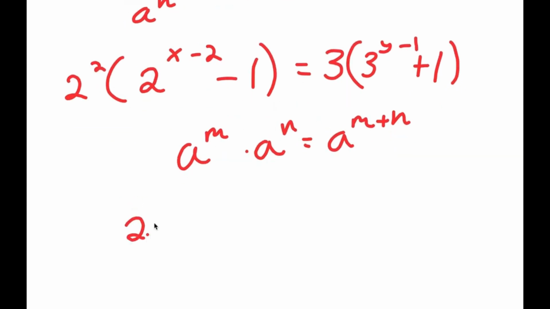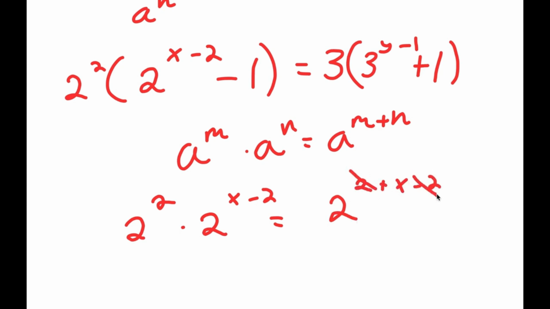So 2 squared times 2 to the power of x minus 2, this is equal to 2 to the power of 2 plus x minus 2, and the 2 and negative 2 cancel out, so I just get 2 to the power of x.